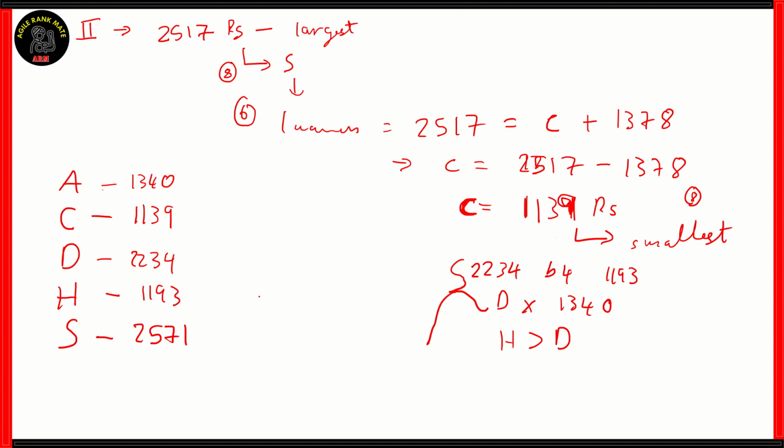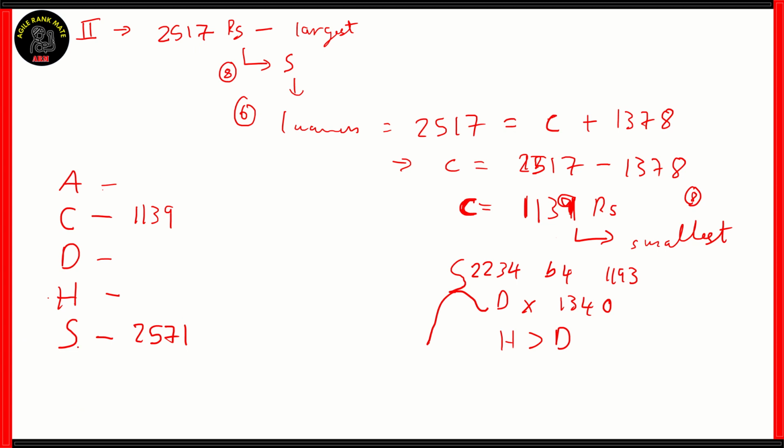This is one possibility. However, in this particular possibility, we can see that Helen again spends less than Dhanuka. So this possibility is wrong.